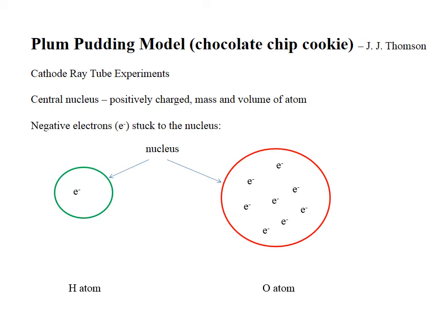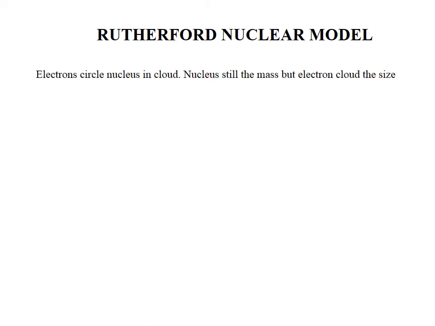Anyway, then right at the start of the 20th century, Ernest Rutherford carried out an experiment that led him to postulate the nuclear model of the atom. In this, electrons circle the nucleus in a cloud. The nucleus is still the big mass of the atom, but the electron cloud is what defines the size of the atom.